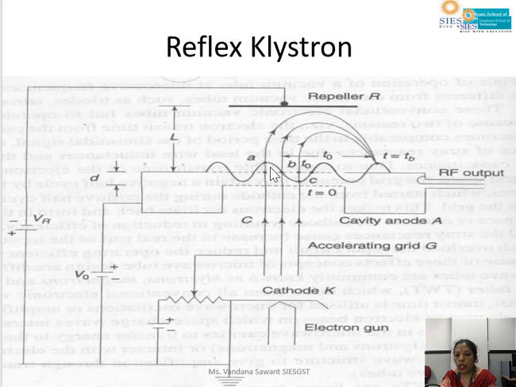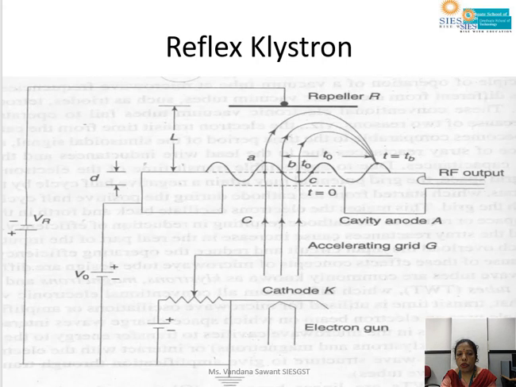We call the electrons encountered here electron A, those encountered here electron B, and those encountered here electron C. These A, B and C positions are responsible for the next process, that is velocity modulation.